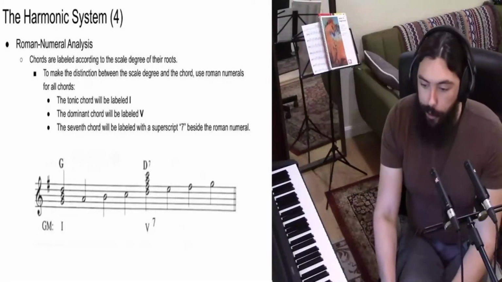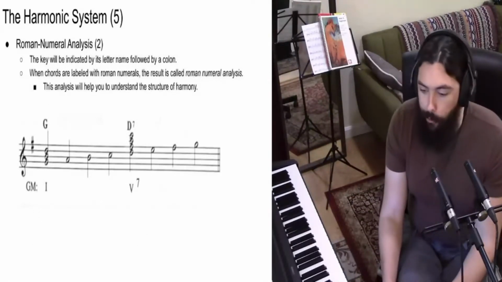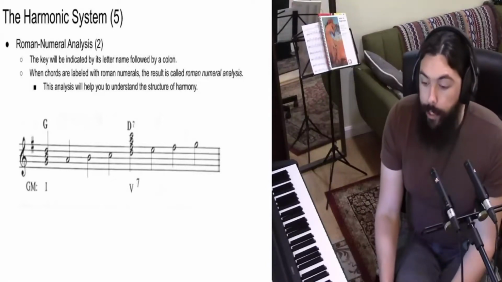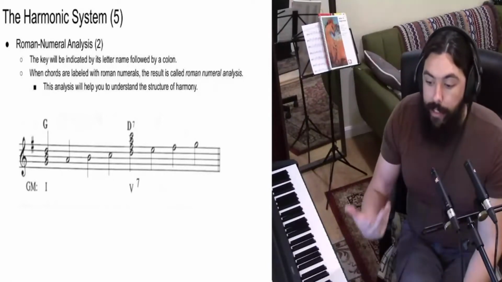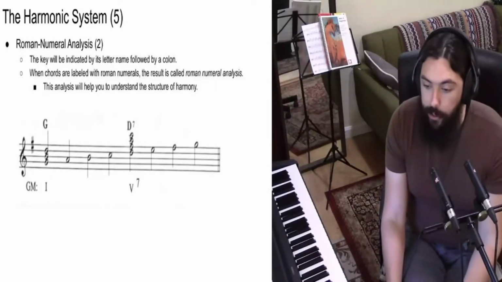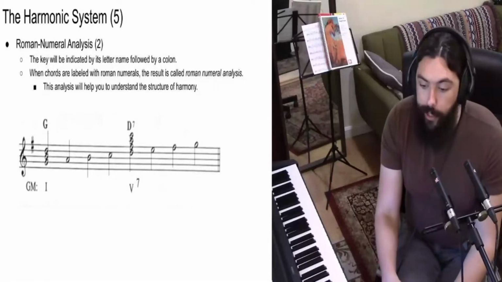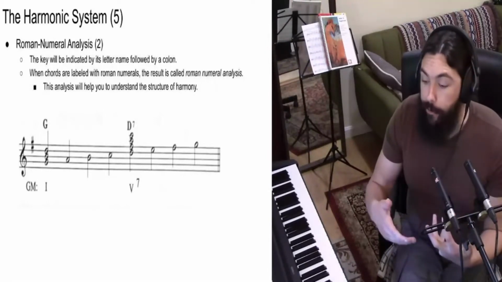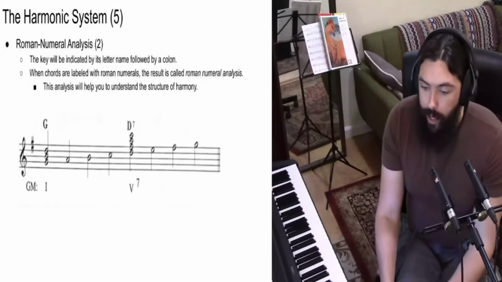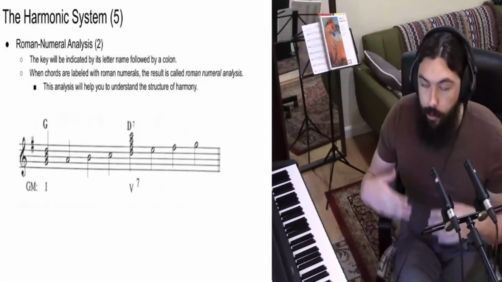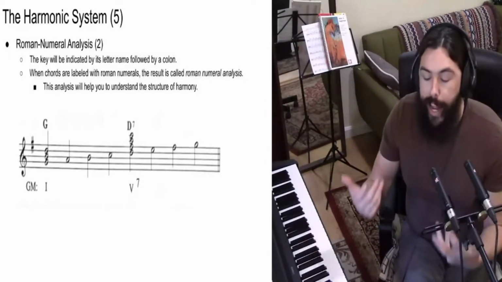Okay, moving on here. A little bit more about Roman numeral analysis. The key will be indicated in Roman numeral analysis by its letter name followed by a colon. So we see here on slide 5, underneath the staff on the left-hand side, you see a G M, and that stands for the key of G major. And so when chords are labeled with Roman numerals, the result is called Roman numeral analysis.